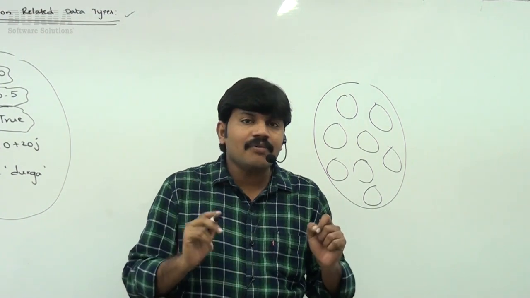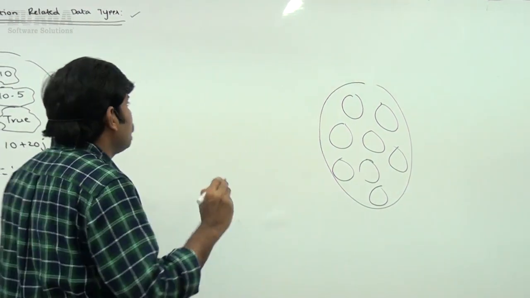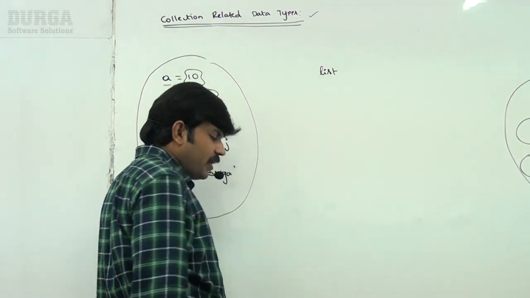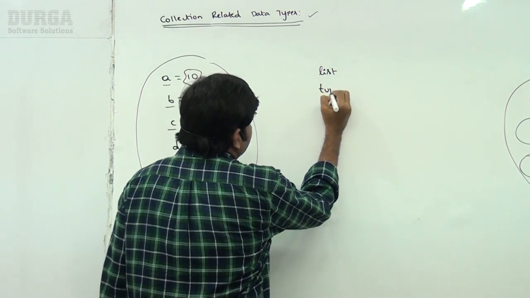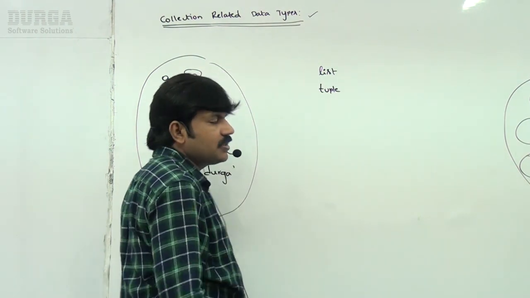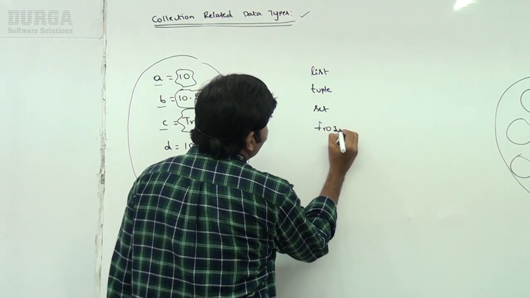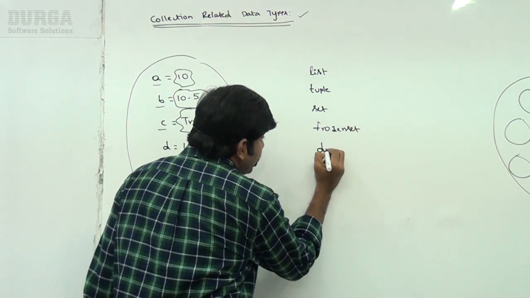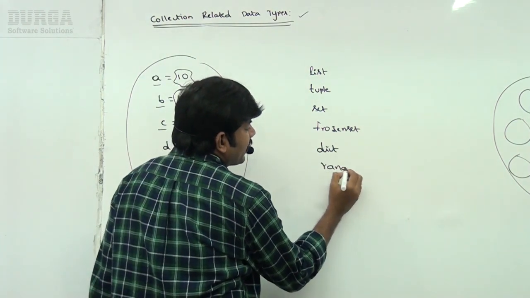What are the various collection related data types in Python? The best example, the list concept is available. Next, tuple. List, tuple. Next, set. Next, frozenset. Next, dict, followed by range.